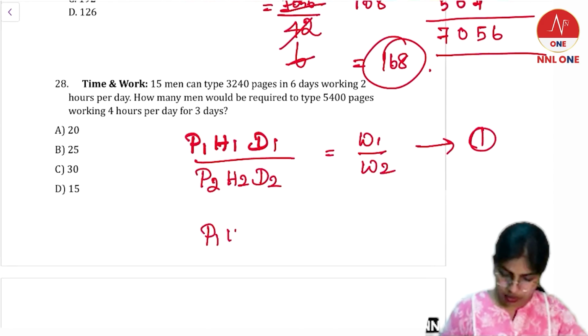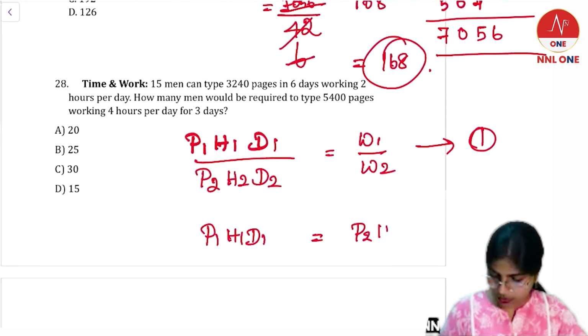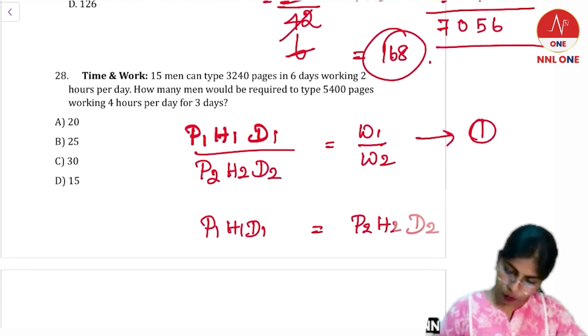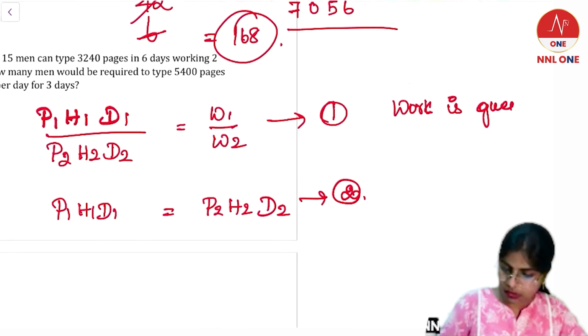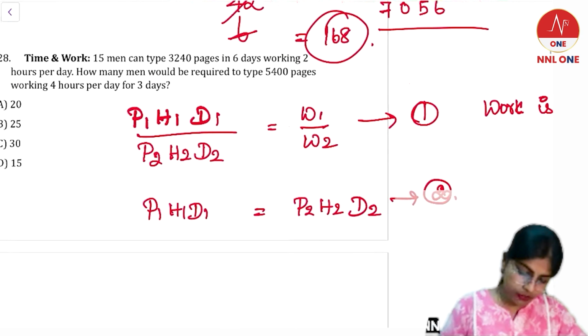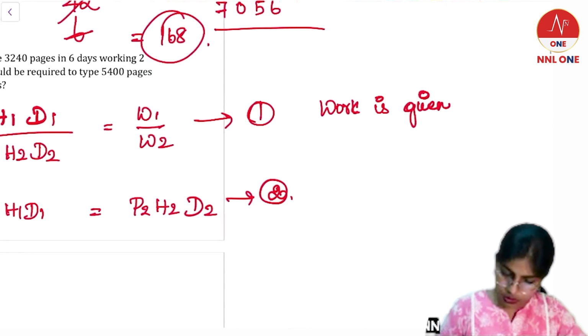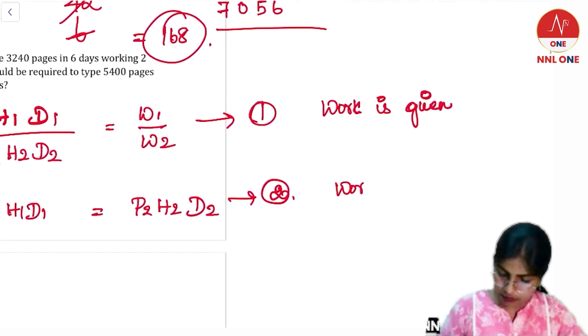Next, P1 H1 D1 is equal to P2 H2 D2. This is the important formula number 2. Always keep in mind, if work is given, you must use the first formula. If work is not given, you must use the second formula.